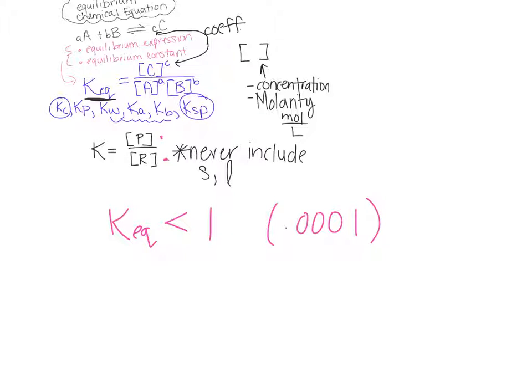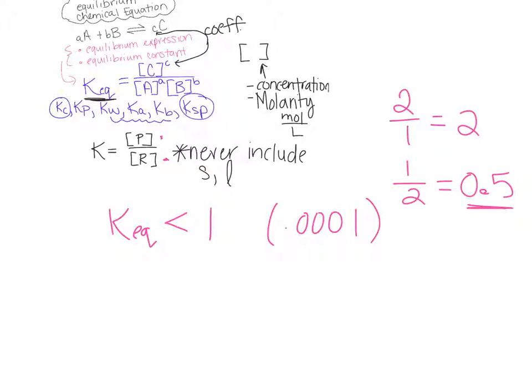Okay, let's try this again. If I do 2 divided by 1, what's that answer? That equals 2. If I do 1 divided by 2, what's that answer? 0.5. Which one of these is less than 1?